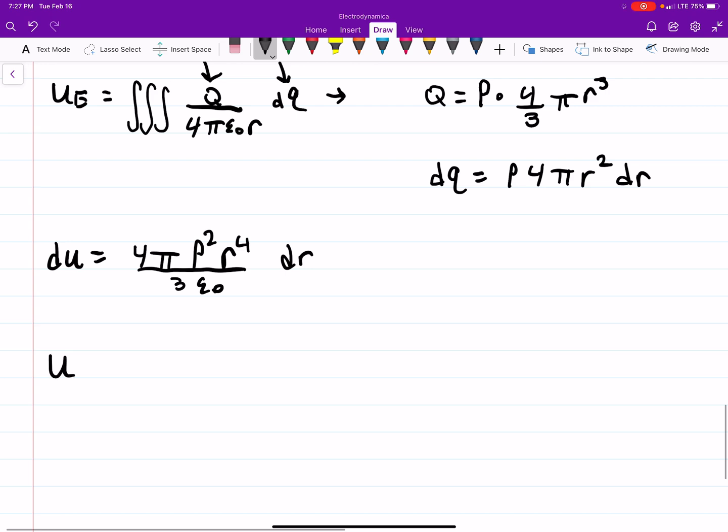Then our U is going to be simply, well, it's only a factor of dr, so everything else is a constant. 4 pi rho squared over 3 epsilon naught.